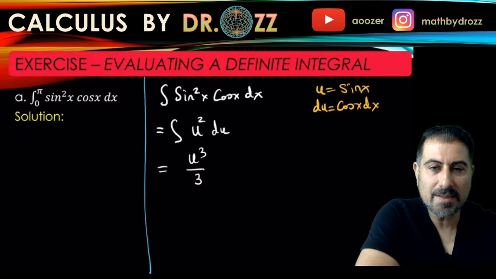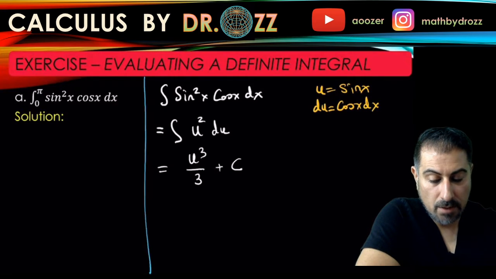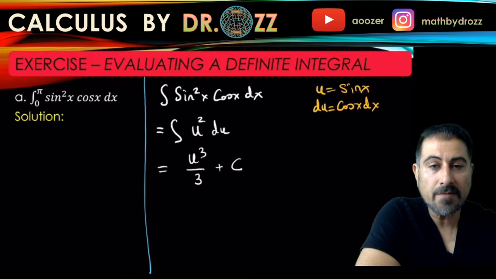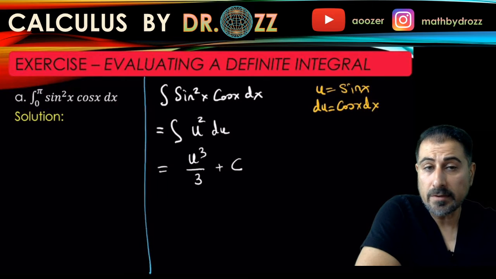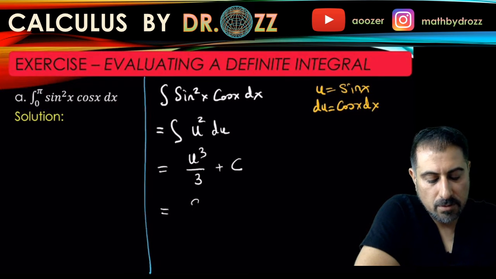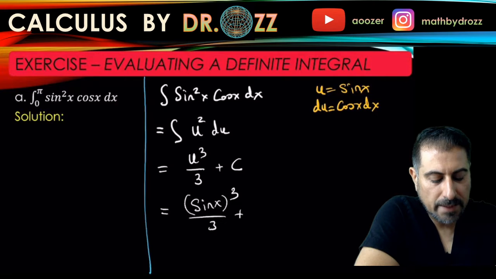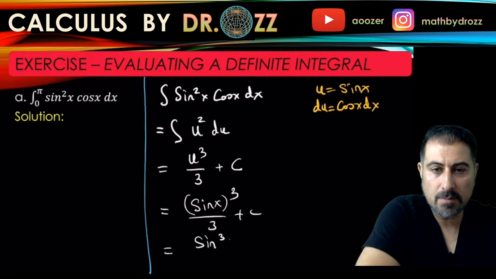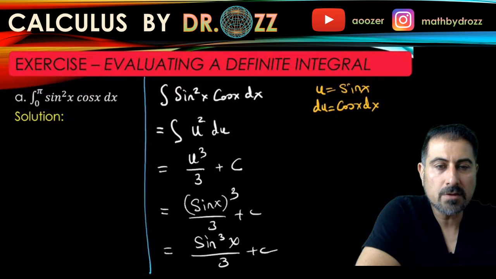We don't need to put a c because we're trying to use the result of this indefinite integral towards evaluating the definite integral. So we don't really care for that c, but anyway, let's do it. Sine x cubed over 3 plus c, or sine cubed x over 3 plus c. These are alternate ways of writing cubic power for trig functions, right?